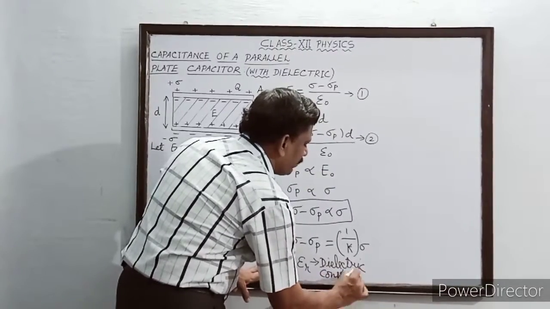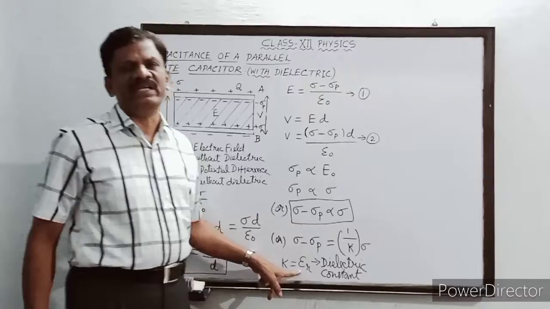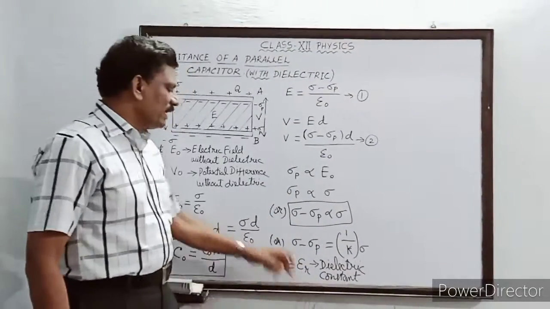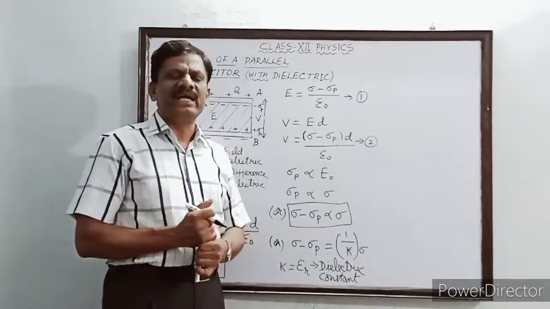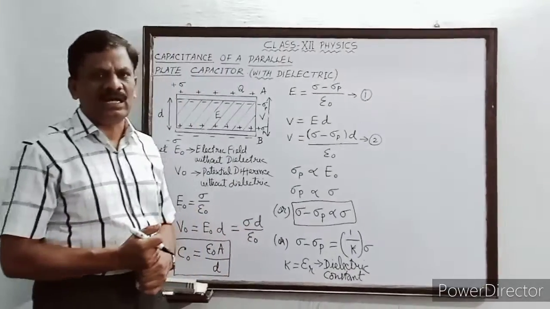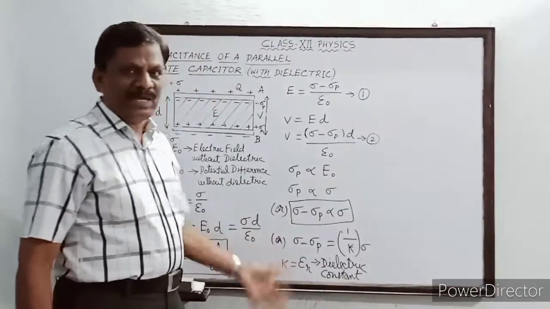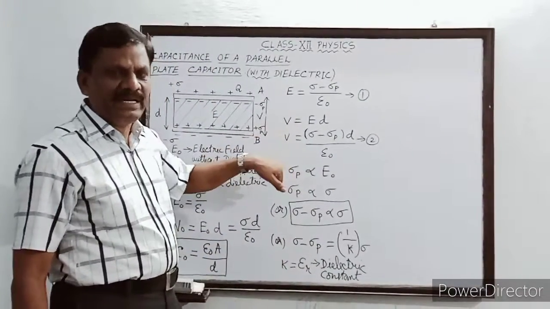And the other name is relative permittivity. We are going to discuss at the end once again. So, what are the two names for the constant K, or otherwise epsilon R? It is called dielectric constant or relative permittivity of the dielectric medium.